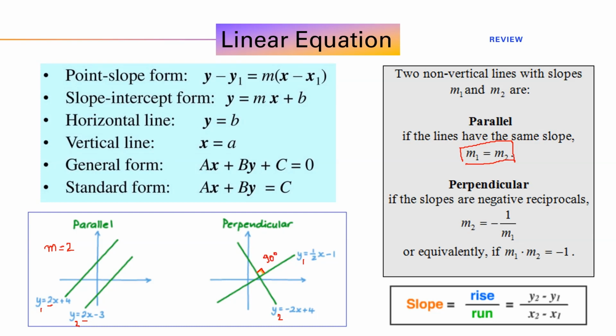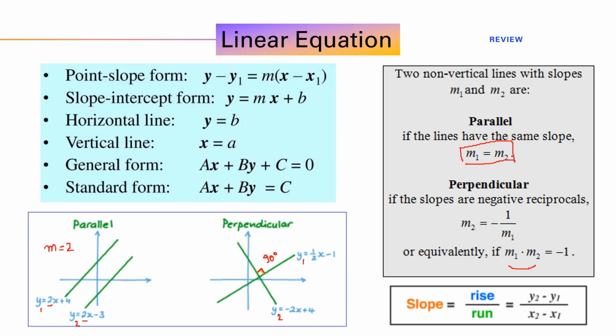That is called perpendicular, and in that case, the slope m2 will be the negative reciprocal of m1. It means m2 equals negative 1 over m1. Equivalently, if you multiply m1 and m2, we have a product of negative 1.